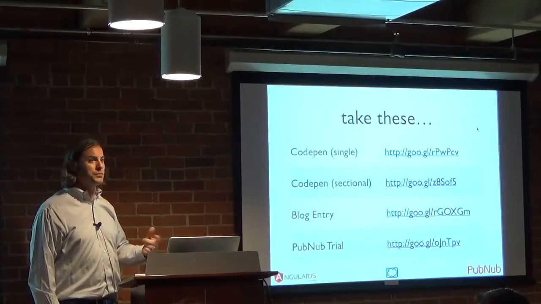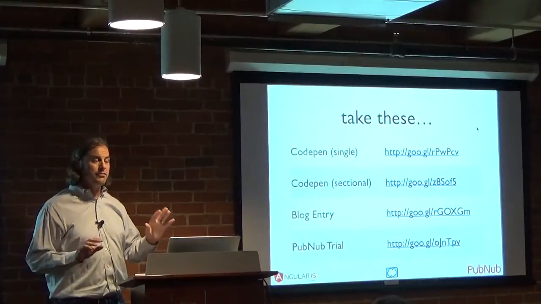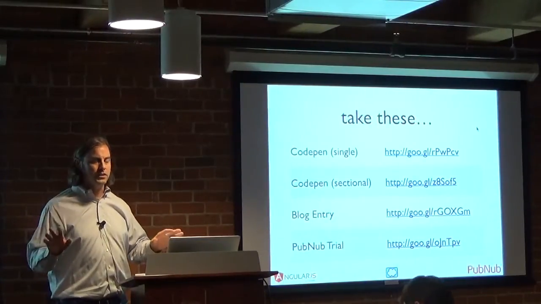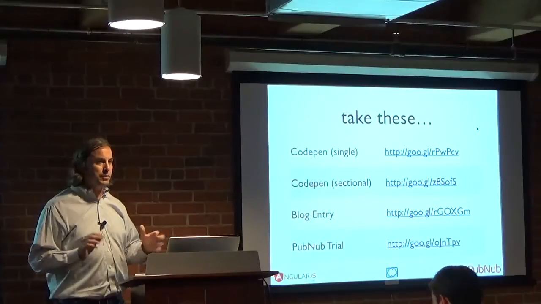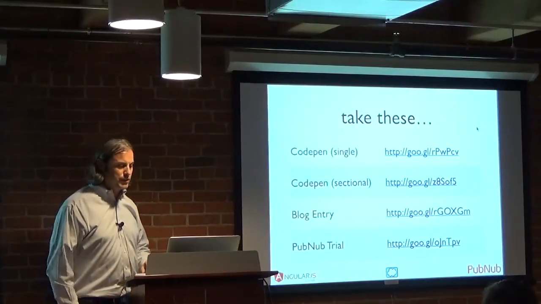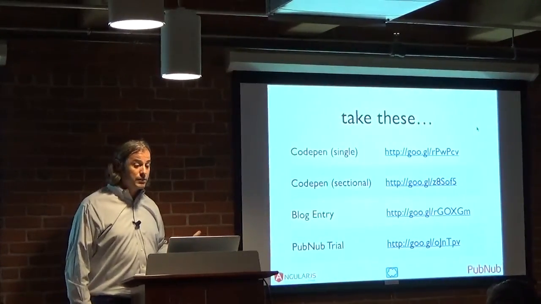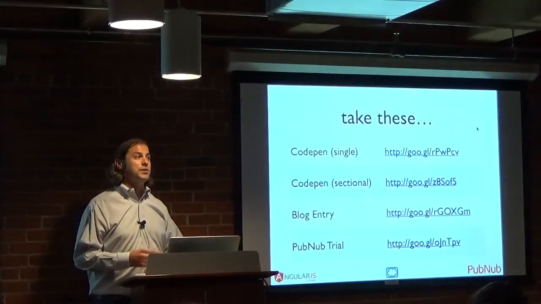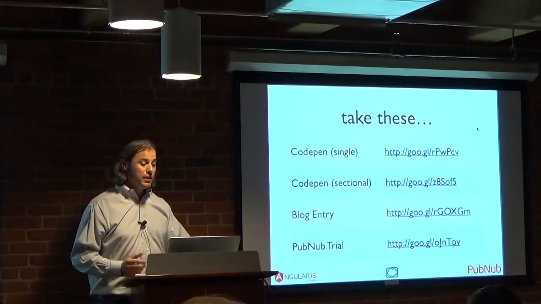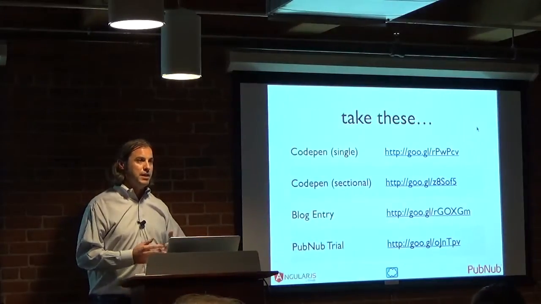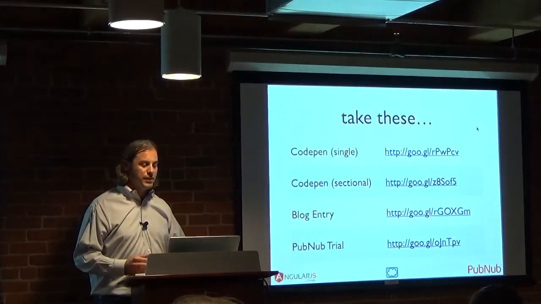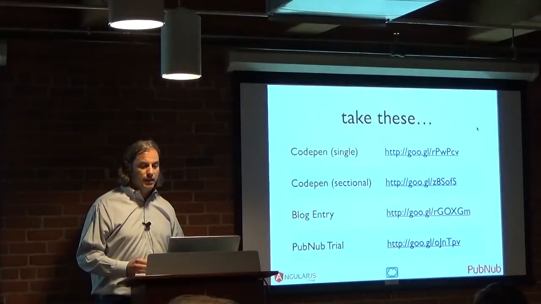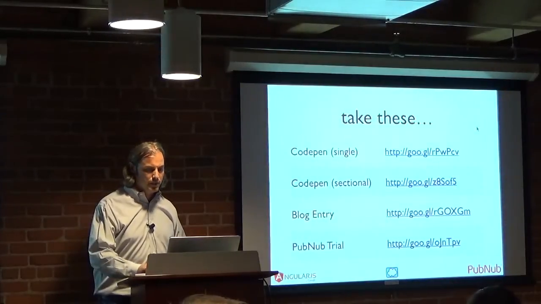And then there's another CodePen, which is sectional, which uses the CodePen feature of separating your HTML from your script and your CSS, so you can play with it a little more nicely if you enjoy that. There's a blog entry that goes along with this if you enjoy that. And if you want to take this demo and turn it into a bigger example on your own, you can sign up for a trial of PubNub and just put in your subscription keys instead of the demo key, and you'll be off and running in no time.